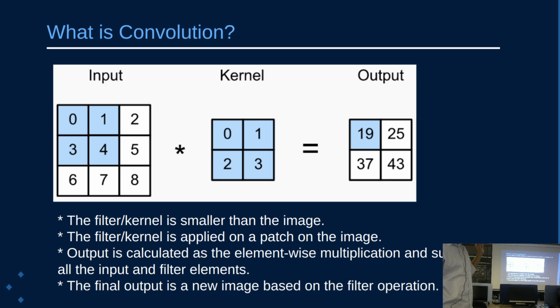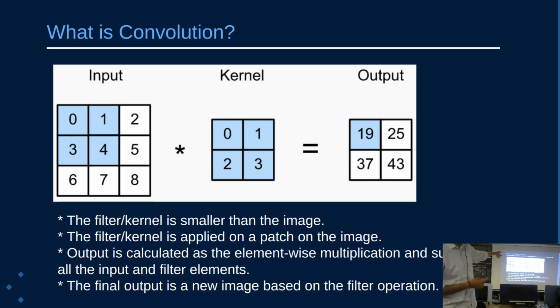However, the operation now is not just element-wise multiplication. Wherever I'm placing the kernel, in the first case, let's say we start by placing it on the top left corner. So the first two elements of the first row and the first two elements of the second row would be under the filter. They get multiplied.